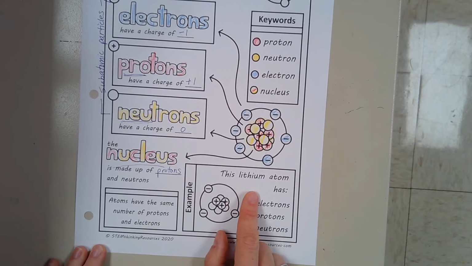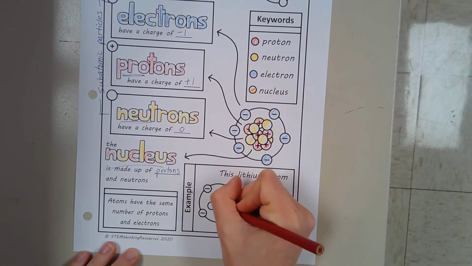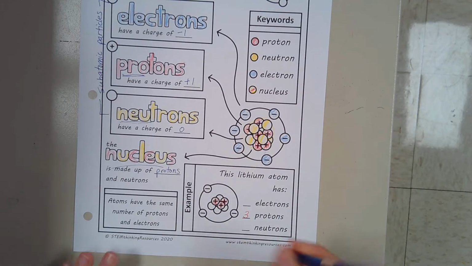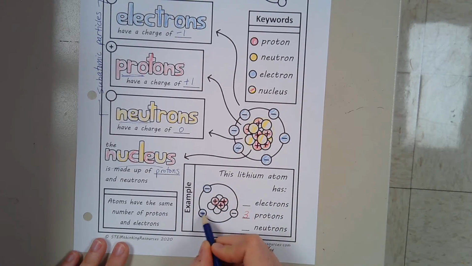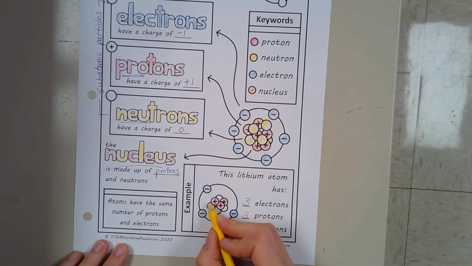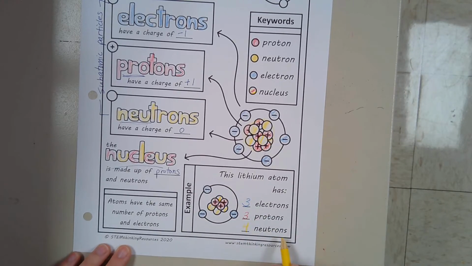Here they give us an example of a lithium atom. And so our protons, there are 3. We have 3 electrons. And this one actually has 1, 2, 3, 4 neutrons.